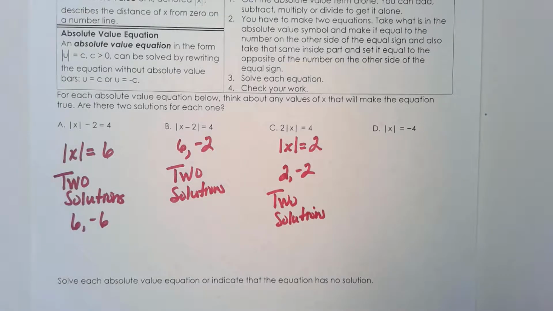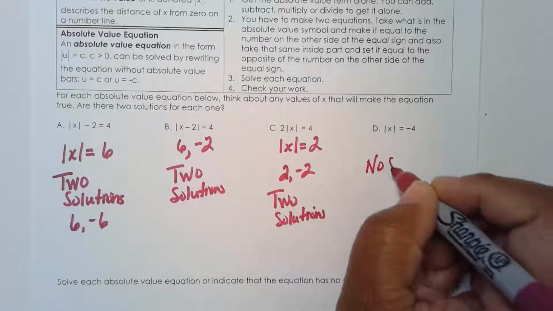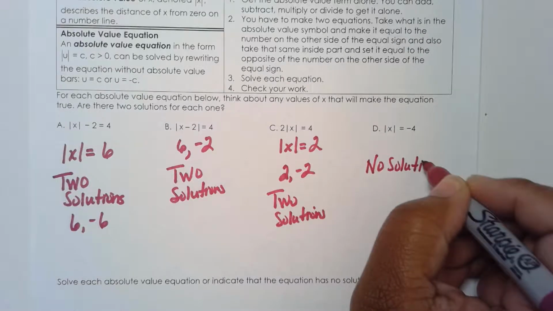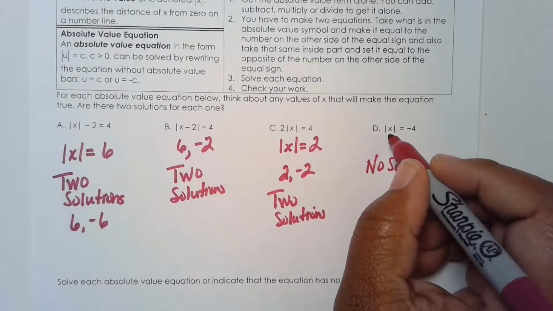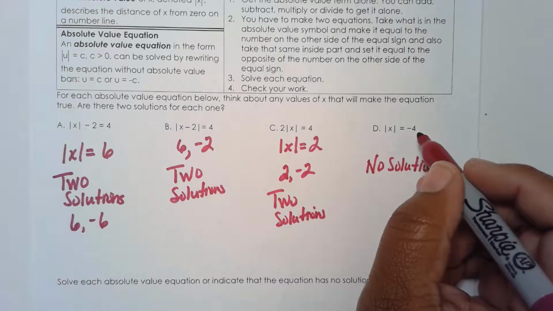Lastly, the absolute value of x is equal to negative 4. Would that give us an answer or not? There will be no solution. Remember, when you take the absolute value of a number, it will always be positive or 0, but never negative.